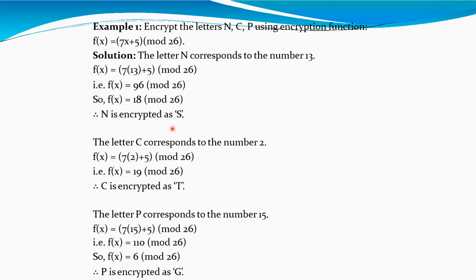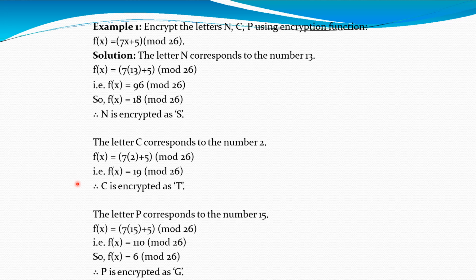Similarly for the next letter, C. C is in the third position, so C corresponds to the number 2 as we are starting with 0. Putting x equal to 2, we find f(x): 7 into 2 is 14, plus 5 is 19. When you divide 19 by 26 we get 19 as the remainder.